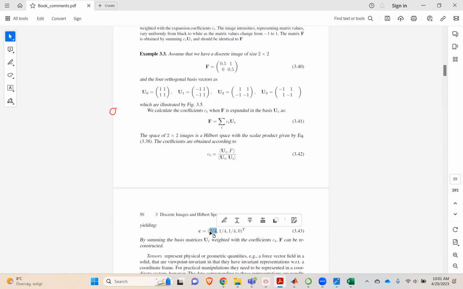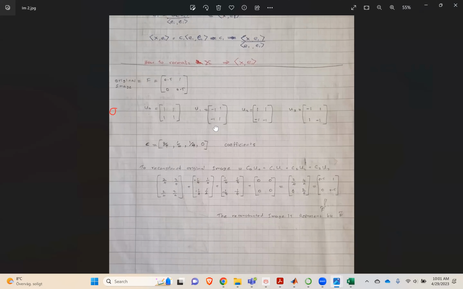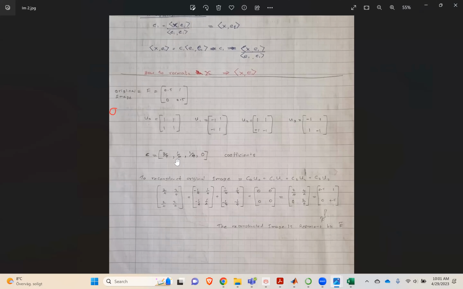So now I can take my notebook from here. It has the image also. Let's say I'm not sending you the whole image. You have the bases in your computer, and I have these bases in my computer also. When I send the coefficients, the first part is multiplied with the first basis, the second part with the second basis.